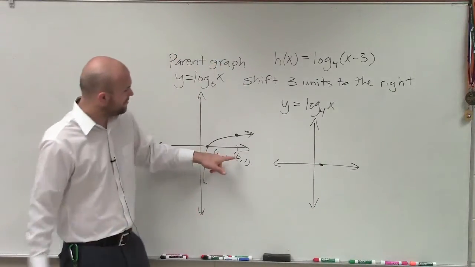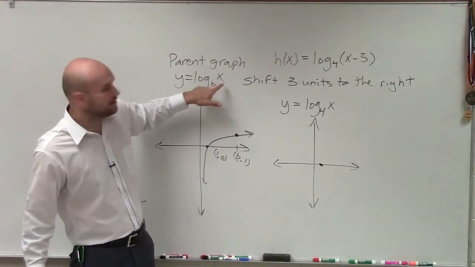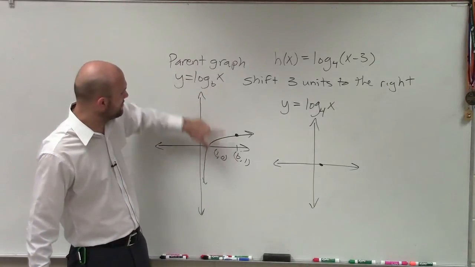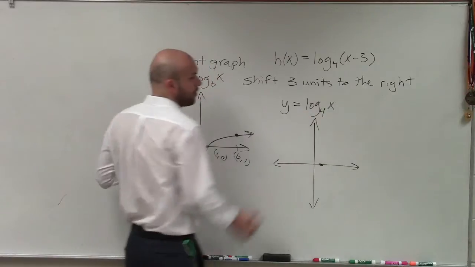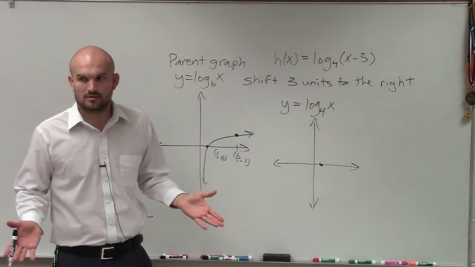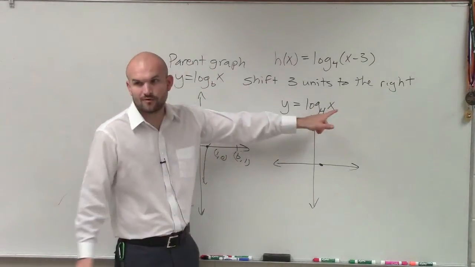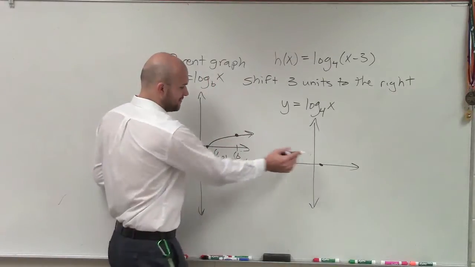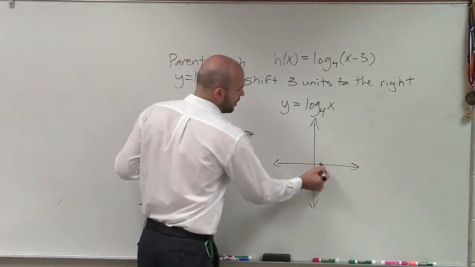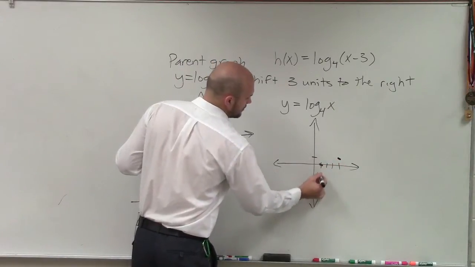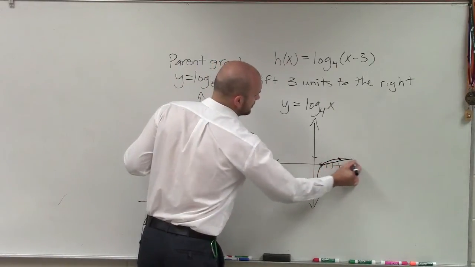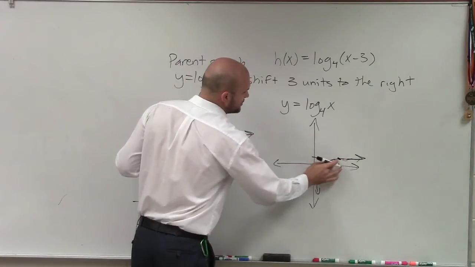And then when I put my base 4 in for x, this would be log base 4 of 4, which is what? What is log base 4 of 4? 1, right? So if I put in 4, it's 1, 2, 3, 4, up 1. So that's what the graph looks like with no transformations.